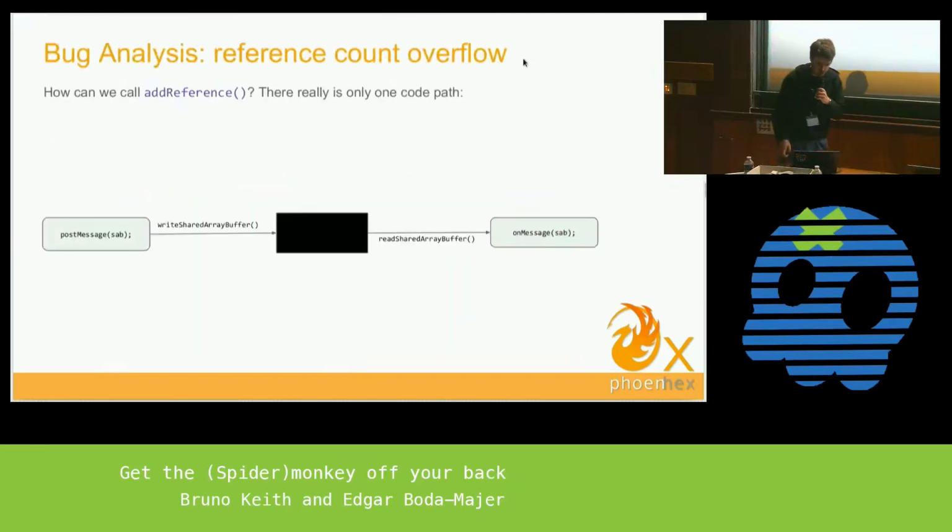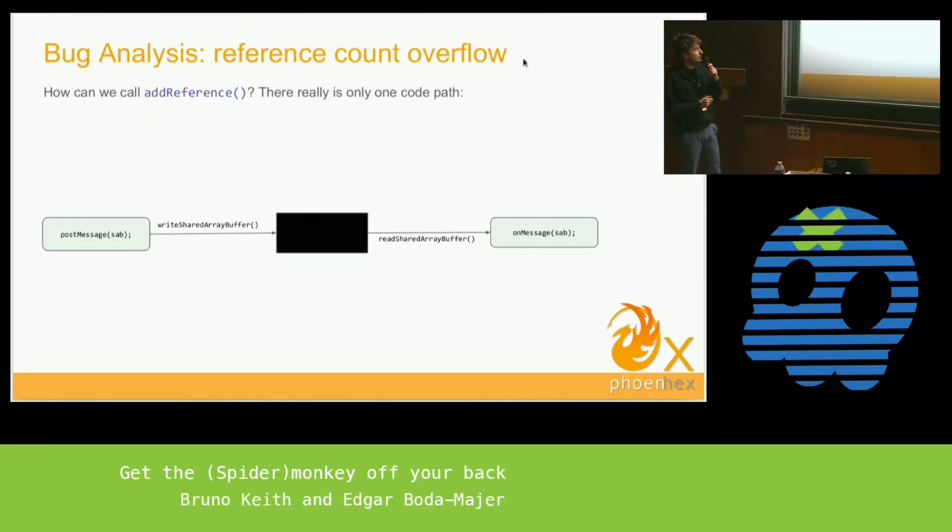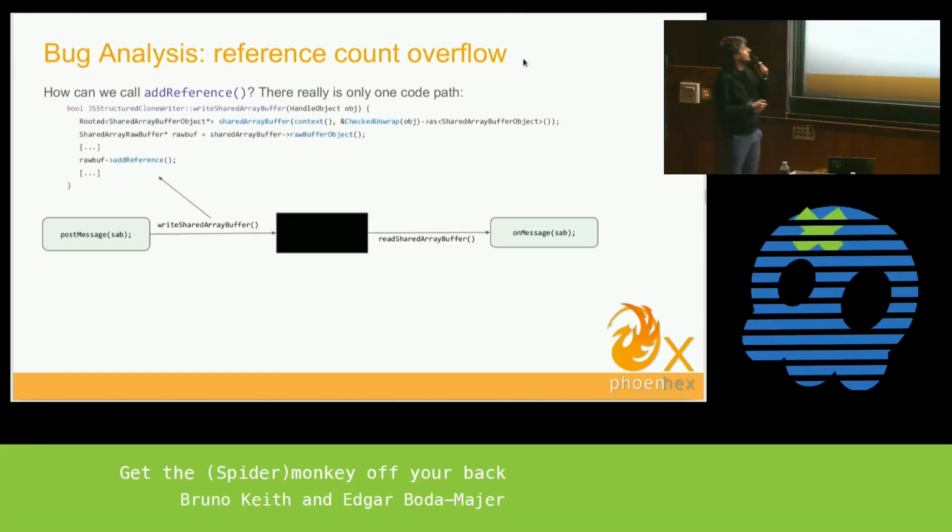But in fact, it's not that easy, because if you think about how we can call add reference, there is only one way to call it, which is via this postMessage, as I've already said. The way postMessage works, it will serialize the buffer via this write shared array buffer, and in this write shared array buffer there is an add reference, as expected. Then it will go through some black box and get transferred to the worker thread, where it gets deserialized via the read shared array buffer.